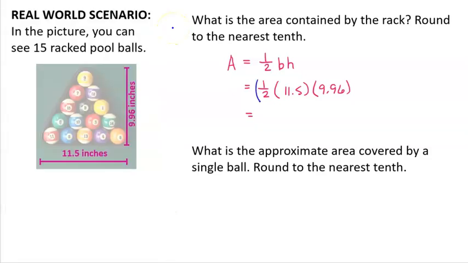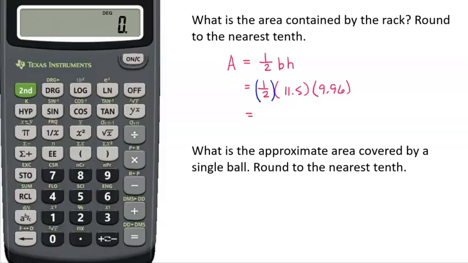And when I am putting fractions in my calculator, I typically put them in parentheses. That just helps your calculator make sure that it's keeping the right order of operations. So we have open parentheses, 1 divided by 2, close parentheses, times 11.5 times 9.96 equals, and we get 57.27.